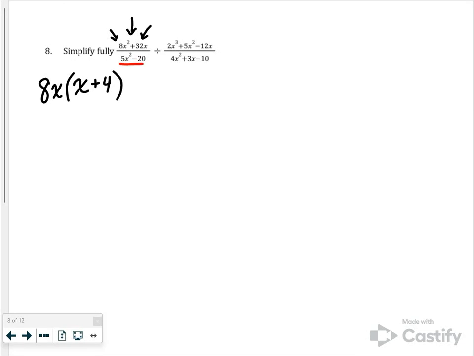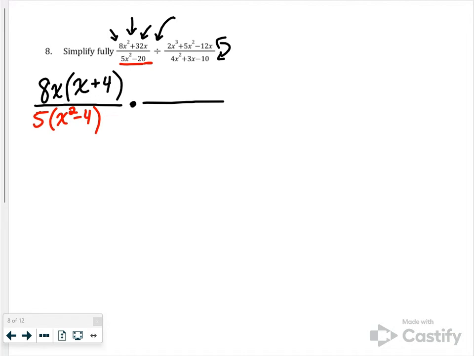Okay, so this 5x squared, we're going to take a 5 out because there's no x over here on the negative 20. So I'm just going to take a 5 out, and we are left with x squared minus 4. So the next term, we're going to make sure that we switch the sign to a multiplication instead of a division, but then we know that these are going to have to flip.